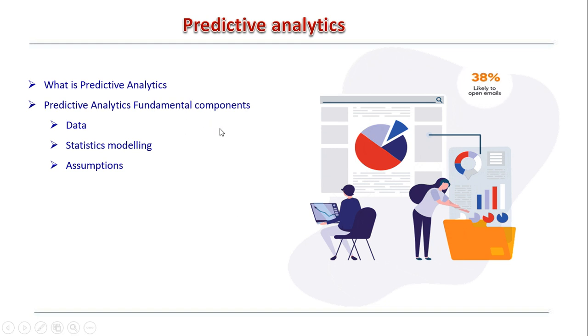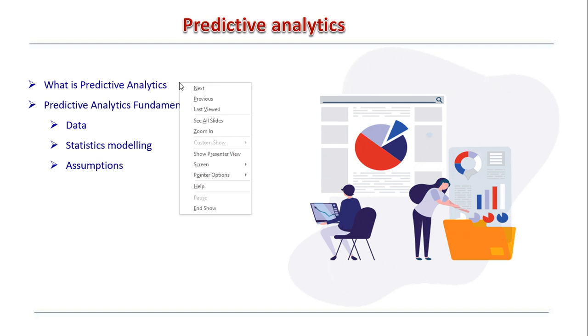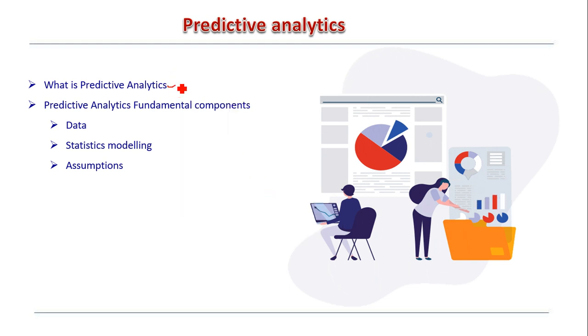Now, what is predictive analytics? Predictive analytics is the use of known data, statistics and machine learning to predict future events. Many companies are using predictive analytics to forecast the future and make automated and manual decisions that drive business value.